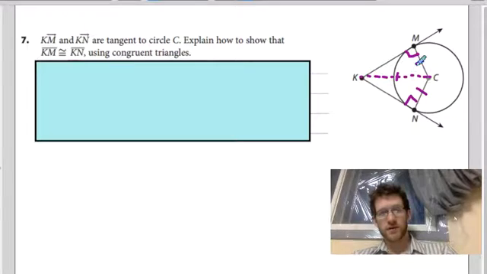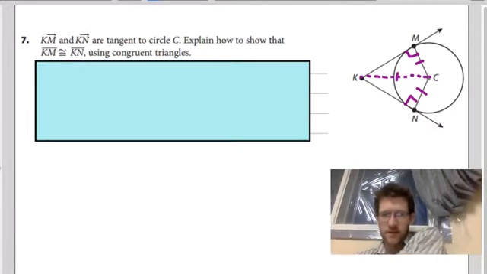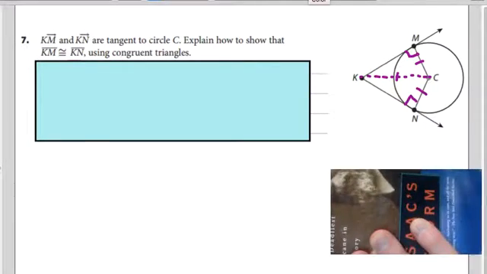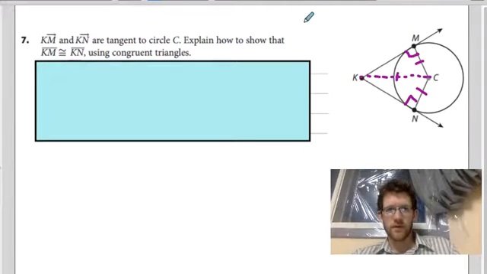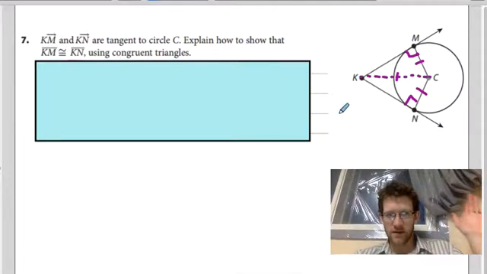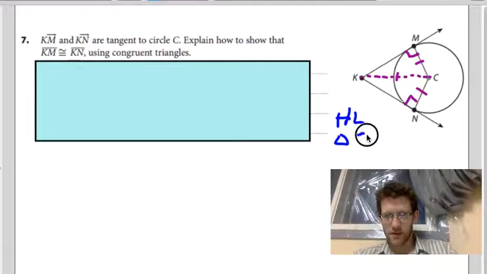And those are both 90 degrees, right? So therefore, I can use what triangle congruence theorem? Think about that for a sec. Pause. Hypotenuse leg, very good. So we can use HL to show that the two triangles are congruent.